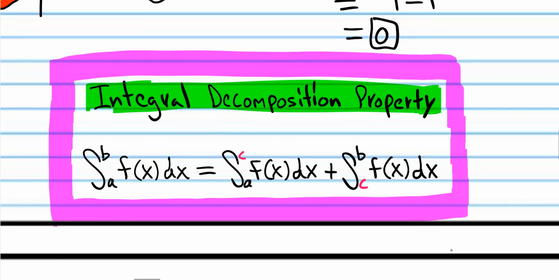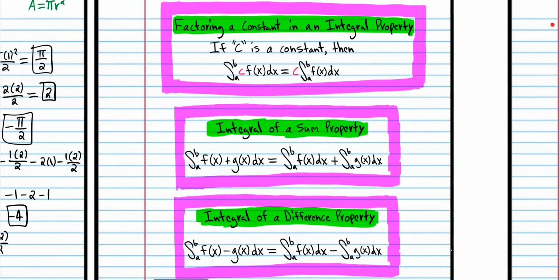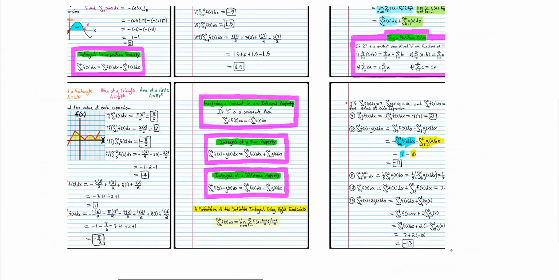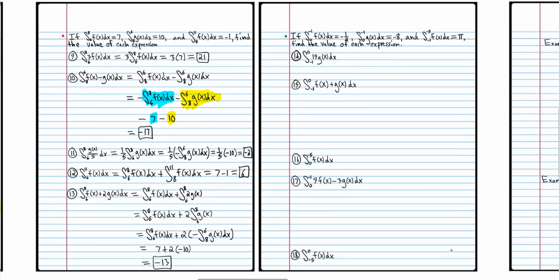You have this property, and then you have these 3 properties. So make sure you have those in front of you before you attempt this stuff. And you can use numbers 9 through 13 to help you. So try number 14. When you come back, we'll do it together.